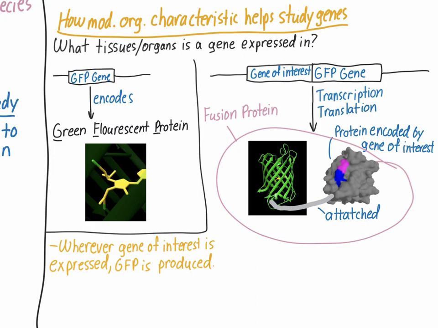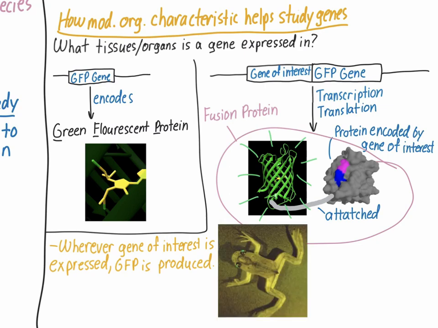So cells and tissues expressing this gene will glow green under ultraviolet light. In this frog, the GFP gene is attached to another gene, and the only green glow that we see is in the eyes.